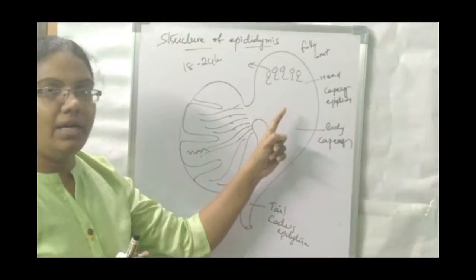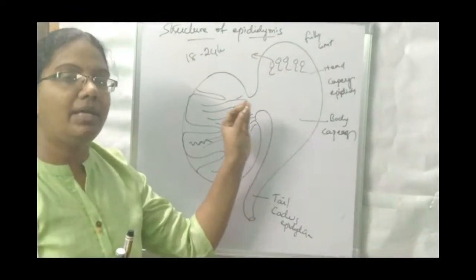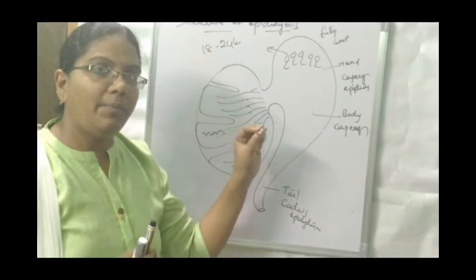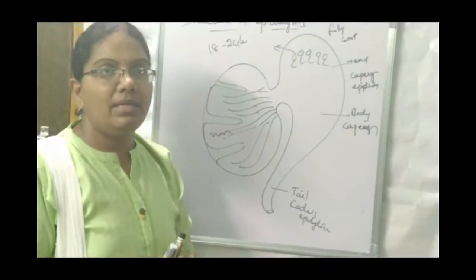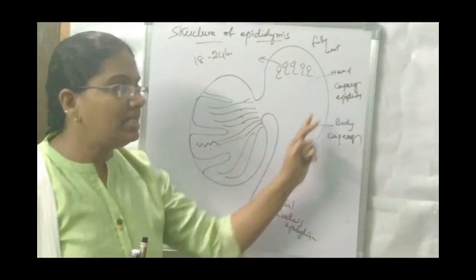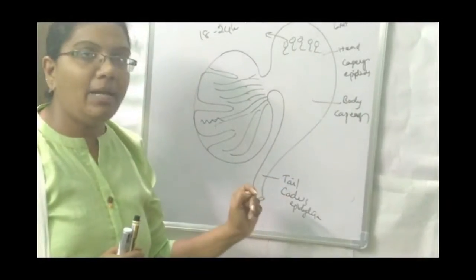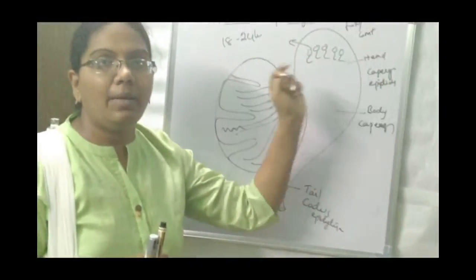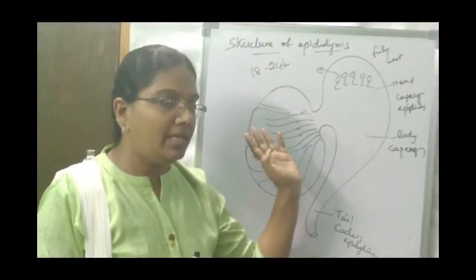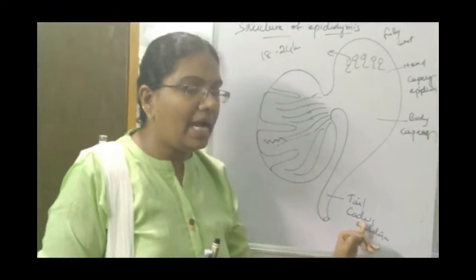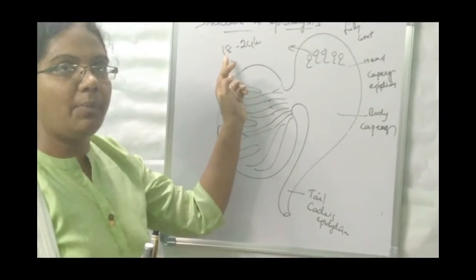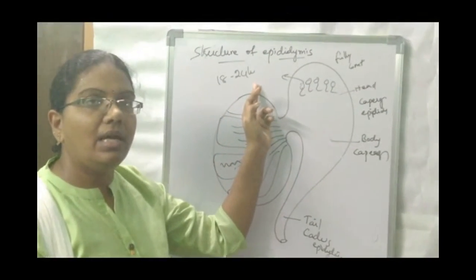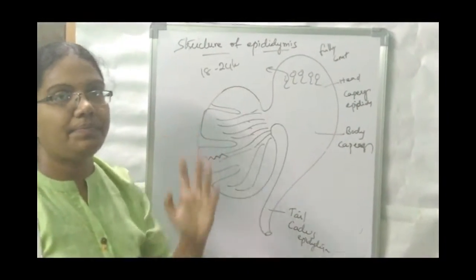That is its main use. It has three parts: head, body, and tail, called caput, corpus, and cauda epididymis.